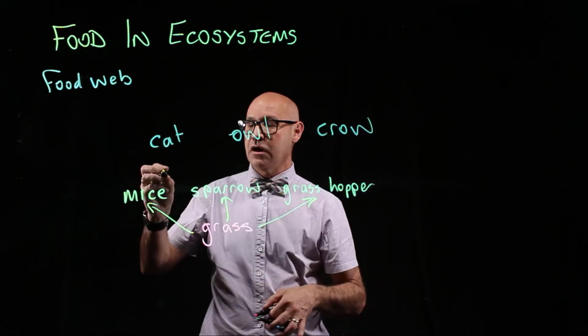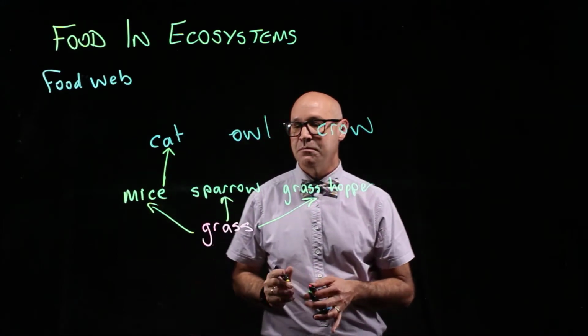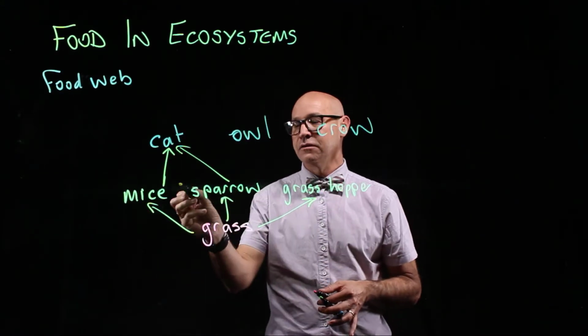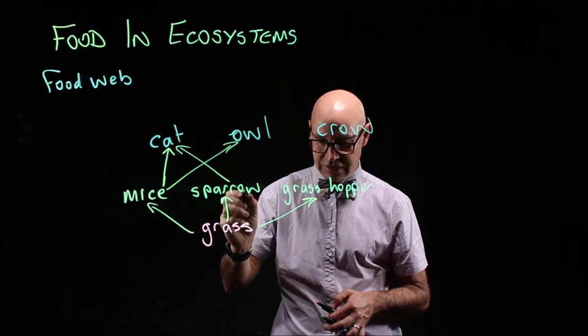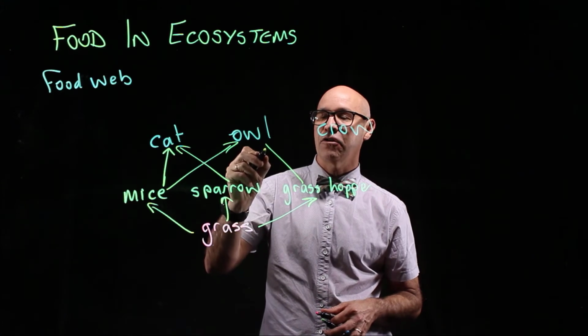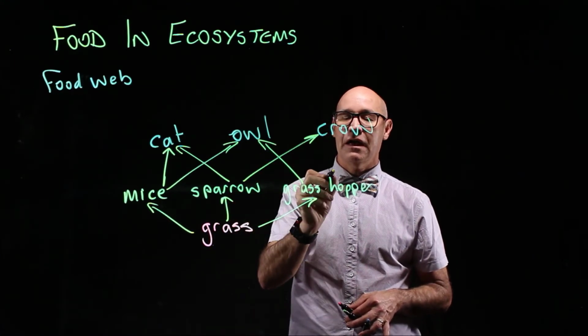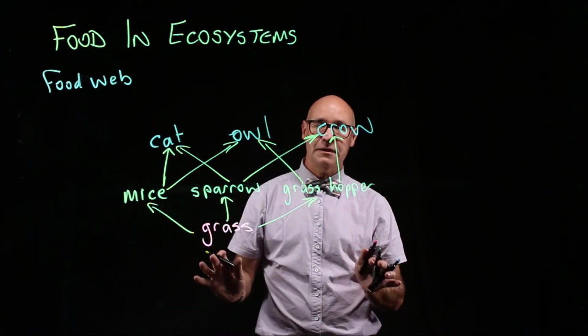Now, they also eat a variety of different first order consumers. So the mice are eaten by the cat, but the cat also eats the sparrow. The owl also eats the mouse and also eats the grasshopper, and the crow eats the sparrow and the grasshopper. So as you can see, there's some complexity here.